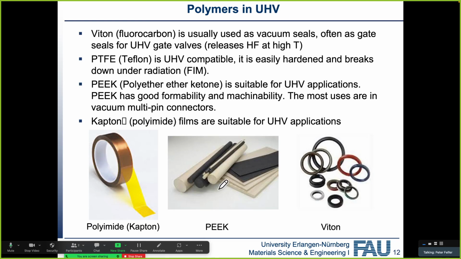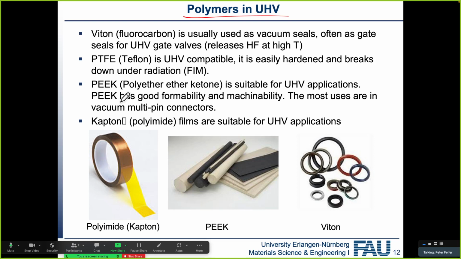And finally, if we want to have electrical insulation and thermal insulation, we also can't get around polymers really, if you need both of that. And polymers you can use in ultra-high vacuum, but it needs to be polymers that have a very low outgassing rate. And there's a couple of those.